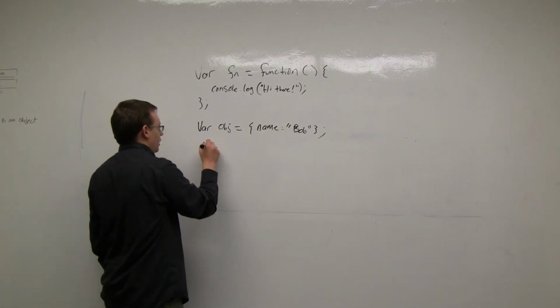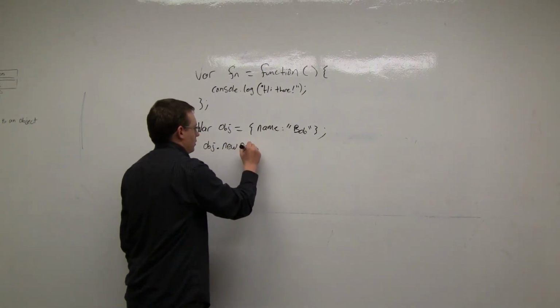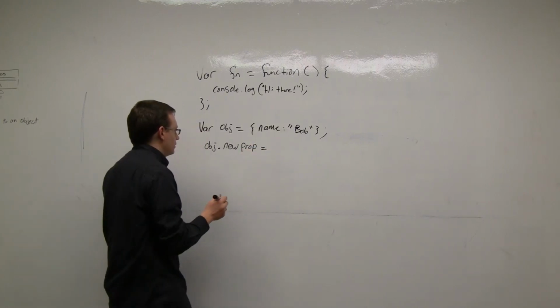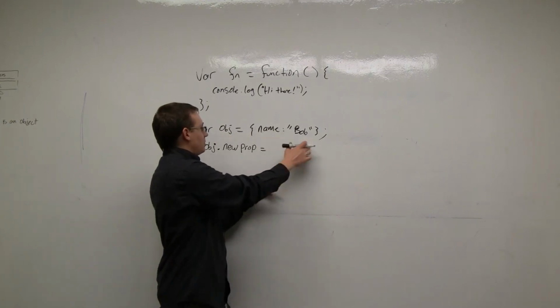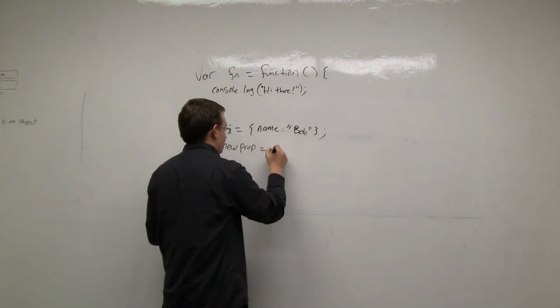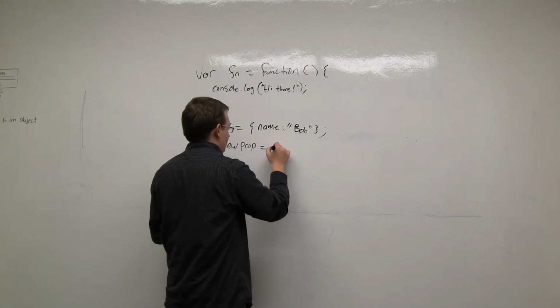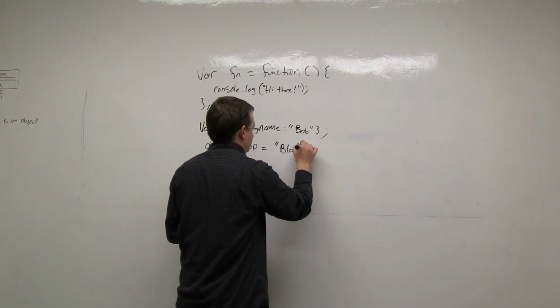So we can say obj dot new prop equals. You can just add to objects in JavaScript? Oh yeah, we didn't say that this object had a property called new prop, but I can just add one willy-nilly. So you're just augmenting it on the fly. Yeah. So I can say, I don't know, blah.